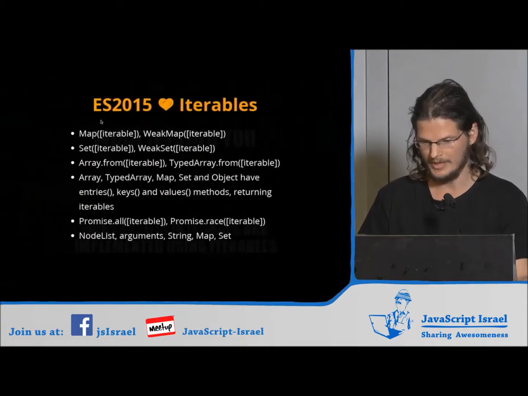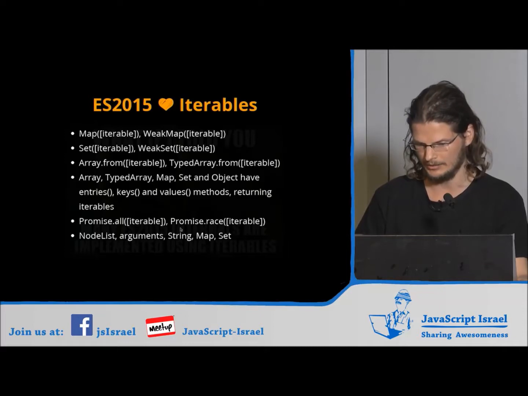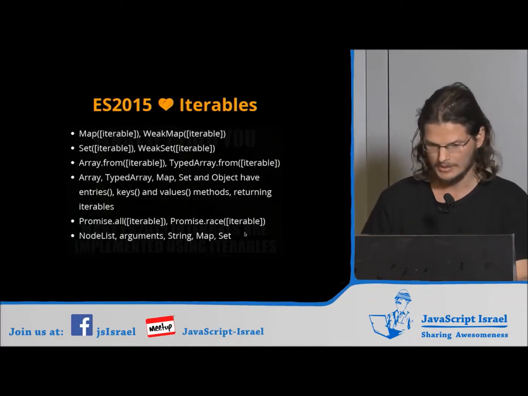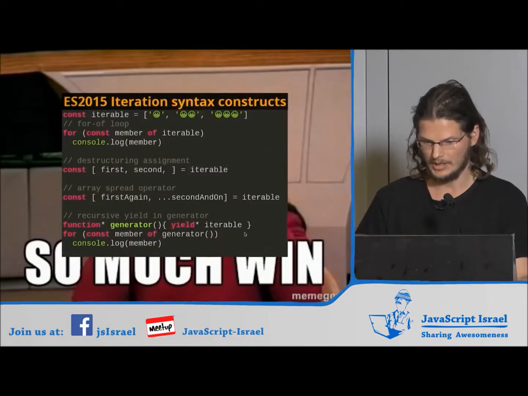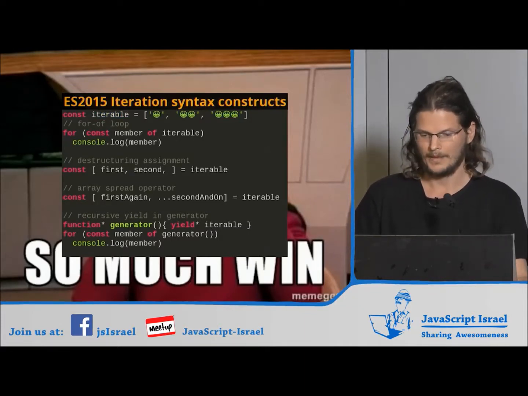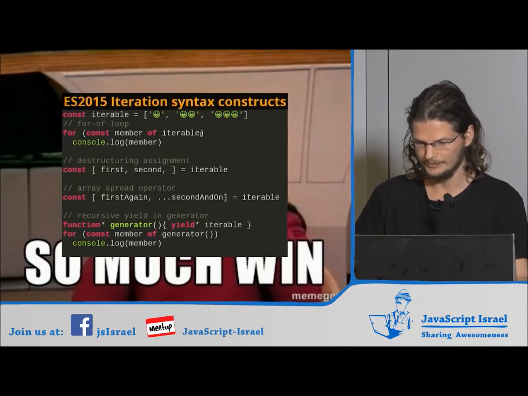While these guys are not syntactical, they're basically functions which accept certain types, this is pure syntax. So we have an iterable. An array is an iterable. And we've seen the for of loop.